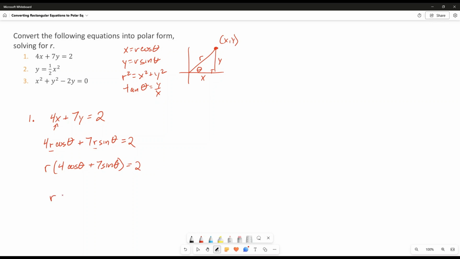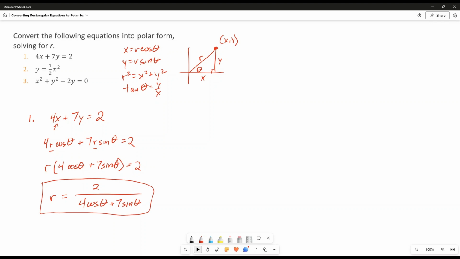So r is going to equal 2 divided by the quantity 4 cosine of theta plus 7 sine theta. And so that's what our polar equation looks like that would correspond to that linear equation 4x plus 7y equals 2.